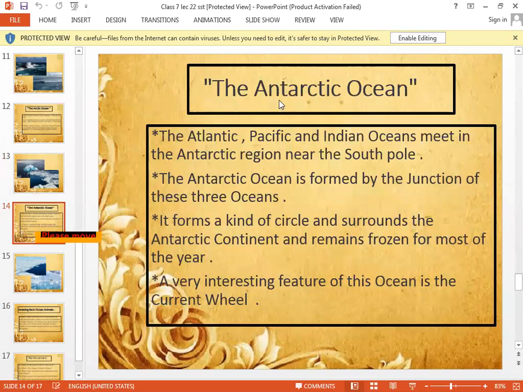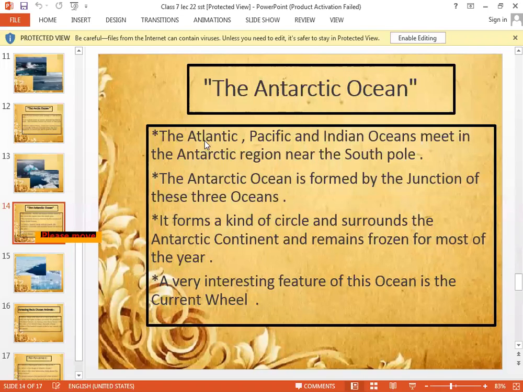So next one is the Antarctic Ocean. The Atlantic, Pacific, and Indian Oceans meet in the Antarctic region near the South Pole. You can see how many oceans meet in the Antarctic region.